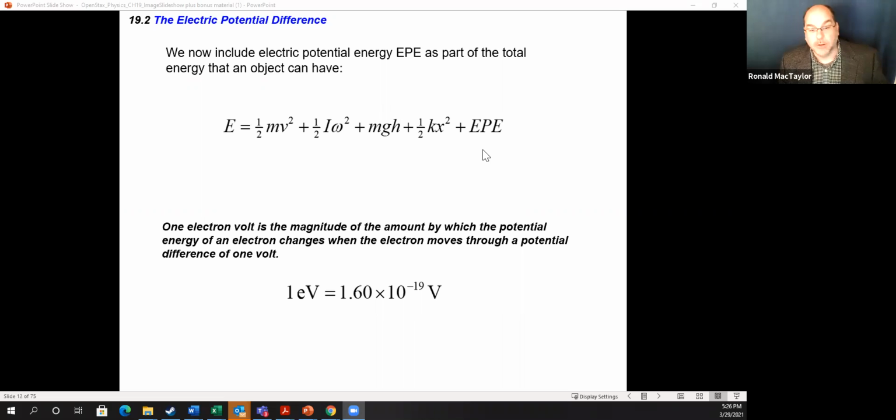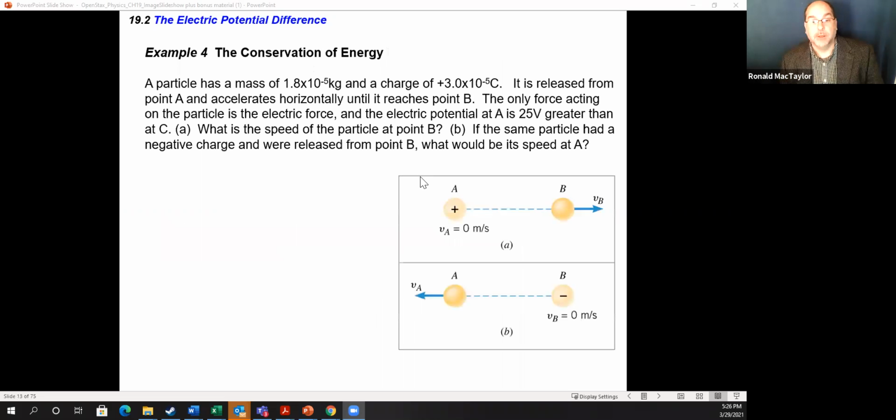So an electron volt is actually a measure of energy in joules, not volts in joules per coulomb, because we're talking about an electron, 1.6 times 10 to the negative 19th coulombs going through 1 volt. So that's just a thing that I guess we had to mention.